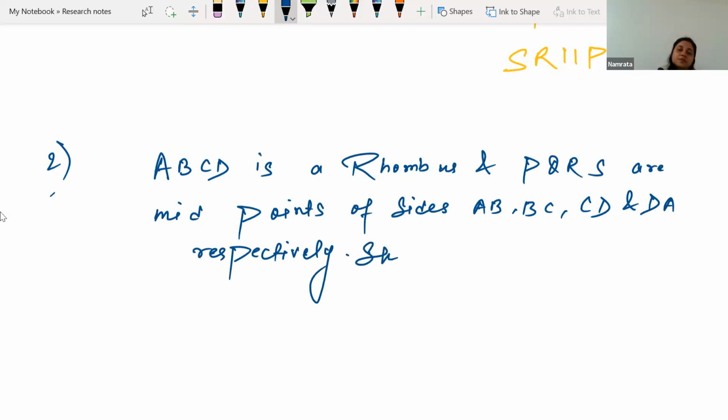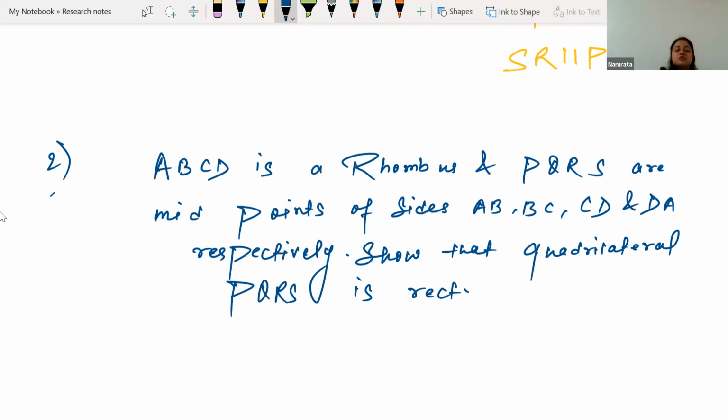Show that quadrilateral PQRS is a rectangle. We have to show that the quadrilateral PQRS, once we join them, is a rectangle.